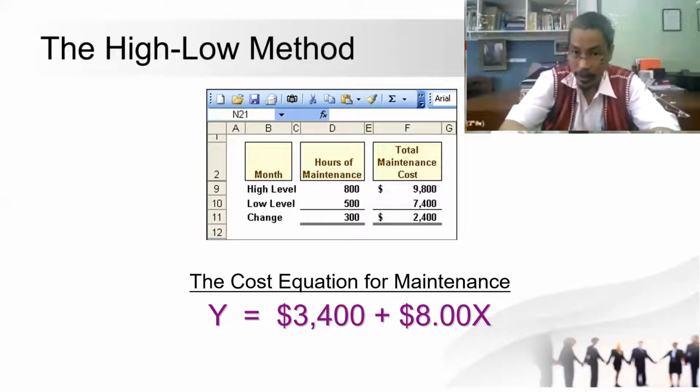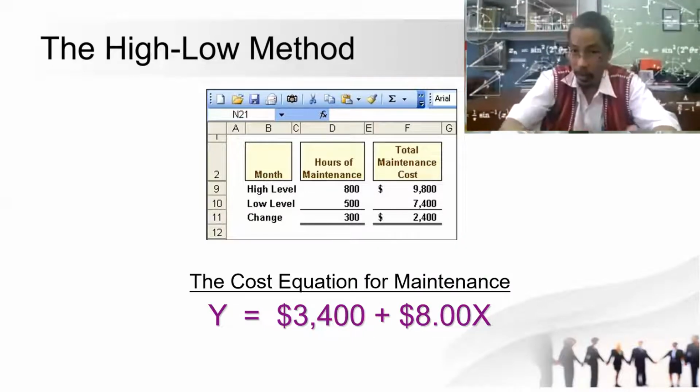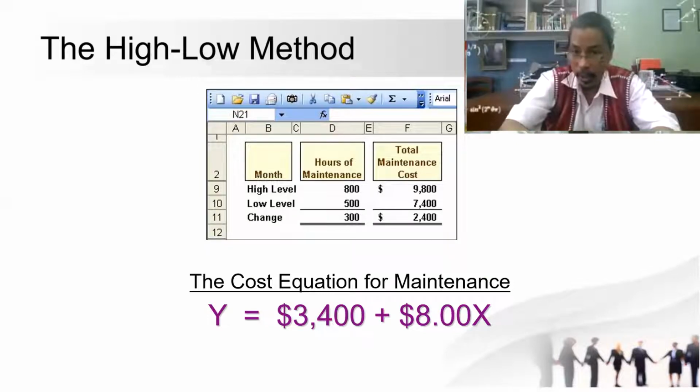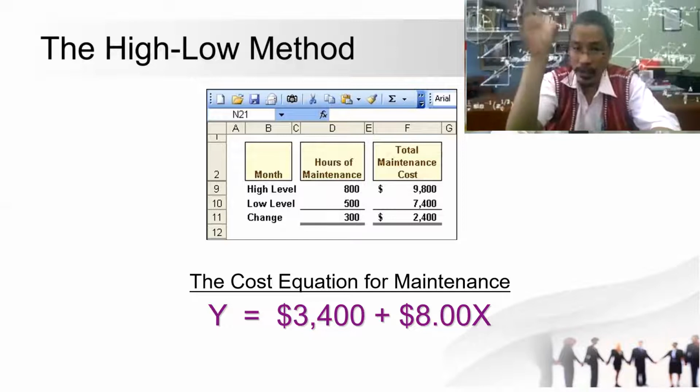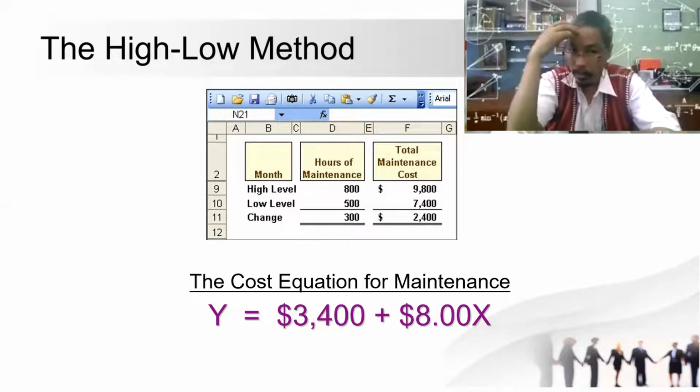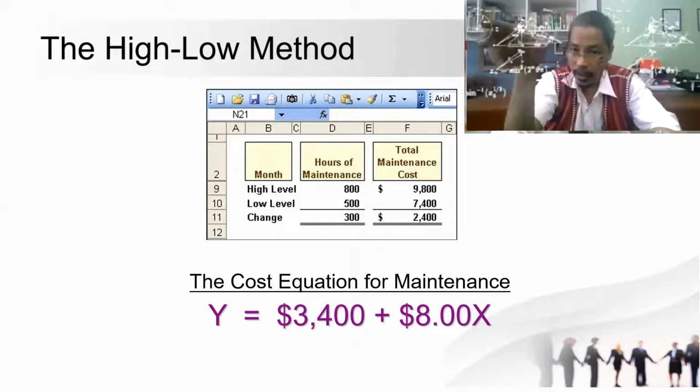B is the slope. The slope is the unit cost, which we already calculated to be $8. That is the change in the cost divided by the change in time.